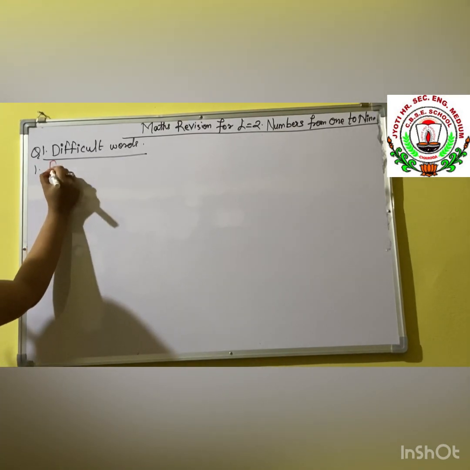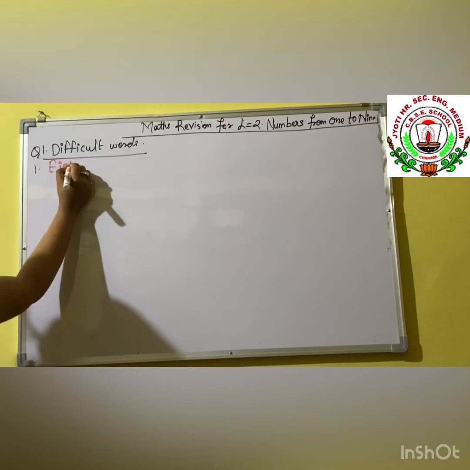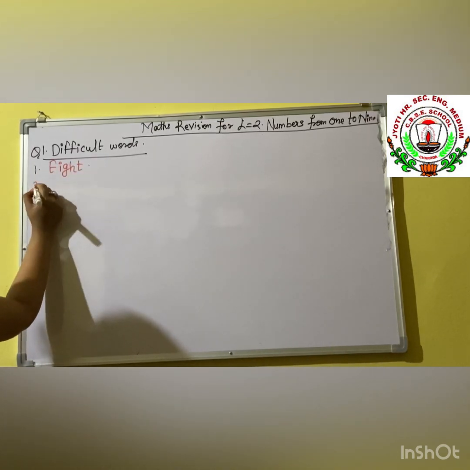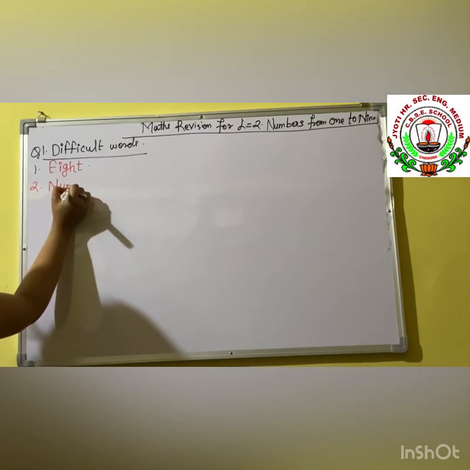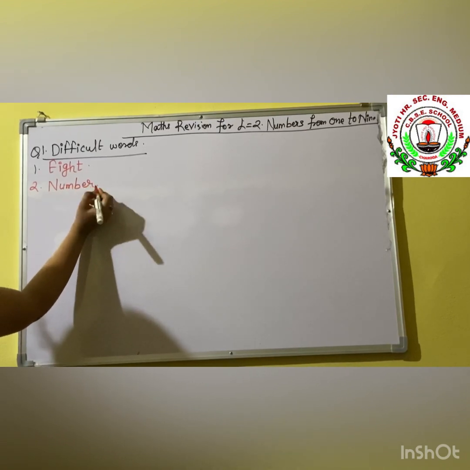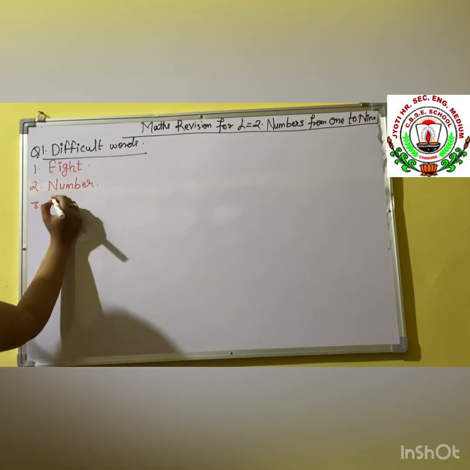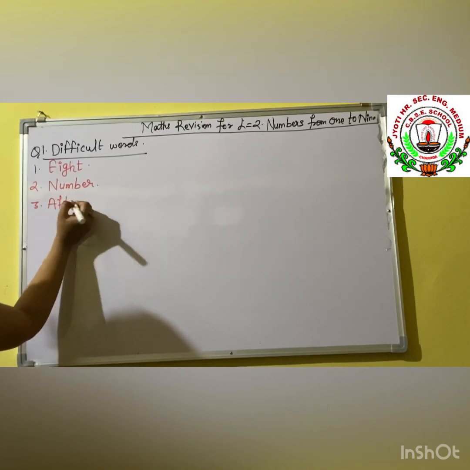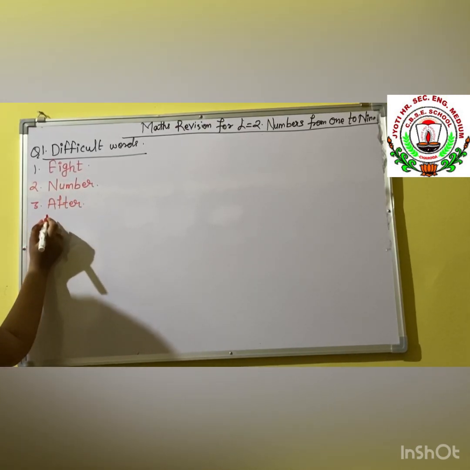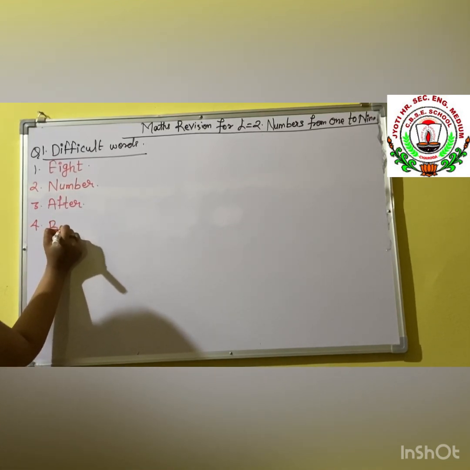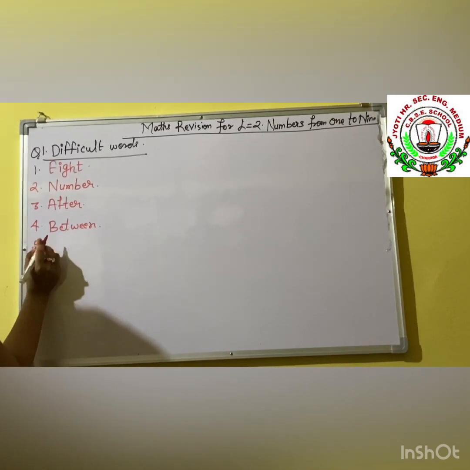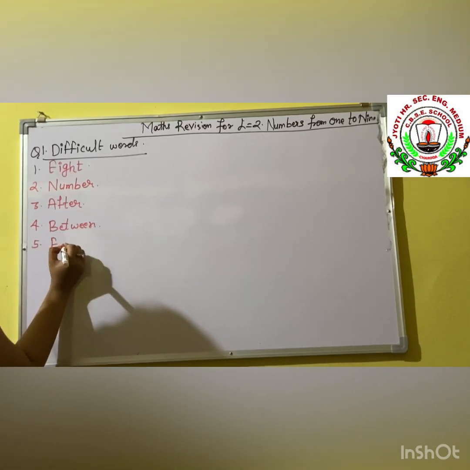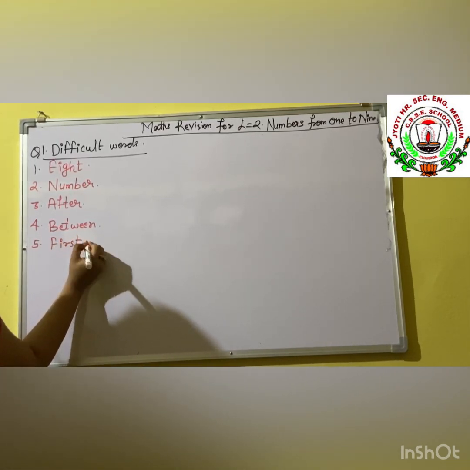First one is 8, E-I-G-H-T. Second one is number, N-U-M-B-E-R. Third one is after, A-F-T-E-R. Fourth one is between, B-E-T-W-E-E-N. Fifth one is first, F-I-R-S-T.